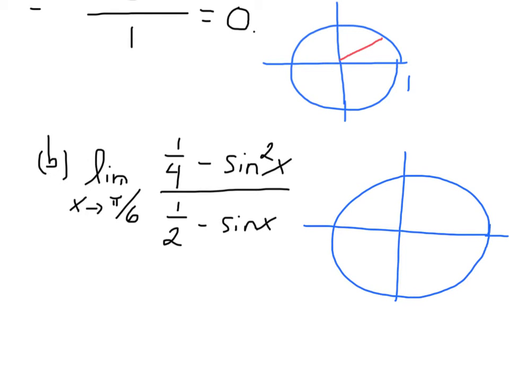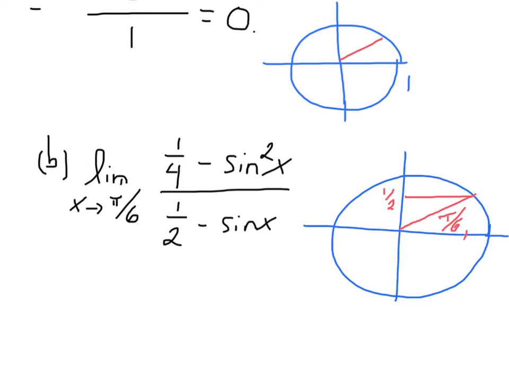Somewhat larger. Alright, if we go to angle pi by 6, it looks a little bit like this. Here's angle pi by 6. The question is, what is sine pi by 6? Sine of pi by 6, you might remember, is 1/2.